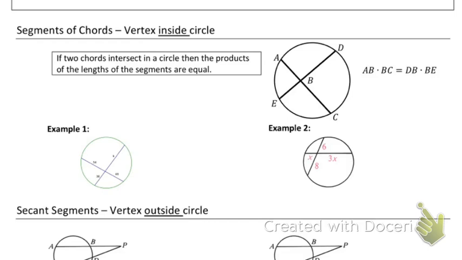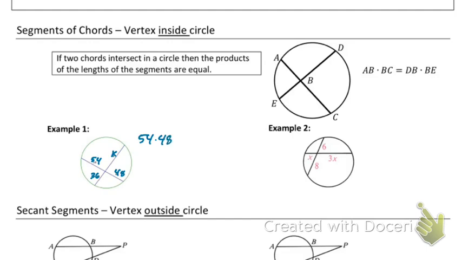Mine is super blurry. I should have made these a little bigger. So I'm going to write these values right next to it. This one should be 36. This one was 54. This is k. And this one is 48. Lengths inside a circle are going to be segment times segment.